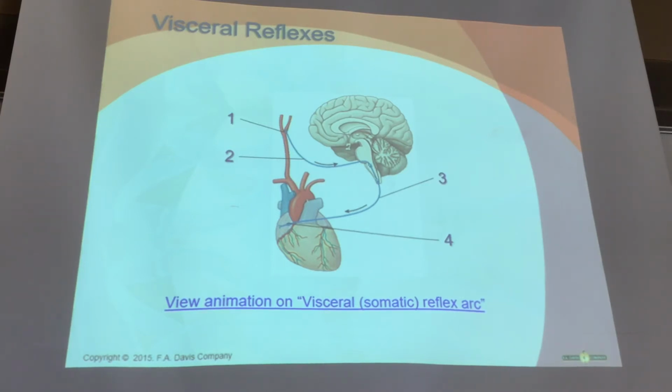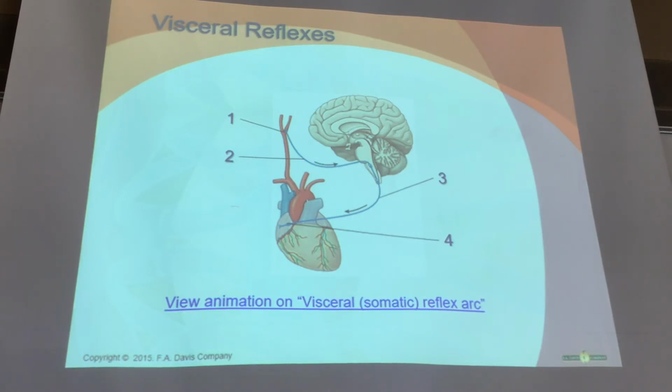Then number two, afferent neurons, or sensory neurons, the ones that go from our senses up to our central nervous system. They're going to transmit this information about this change to the central nervous system. In this example, the glossopharyngeal nerve is going to relay this information to the medulla oblongata. This is where our blood pressure gets interpreted.